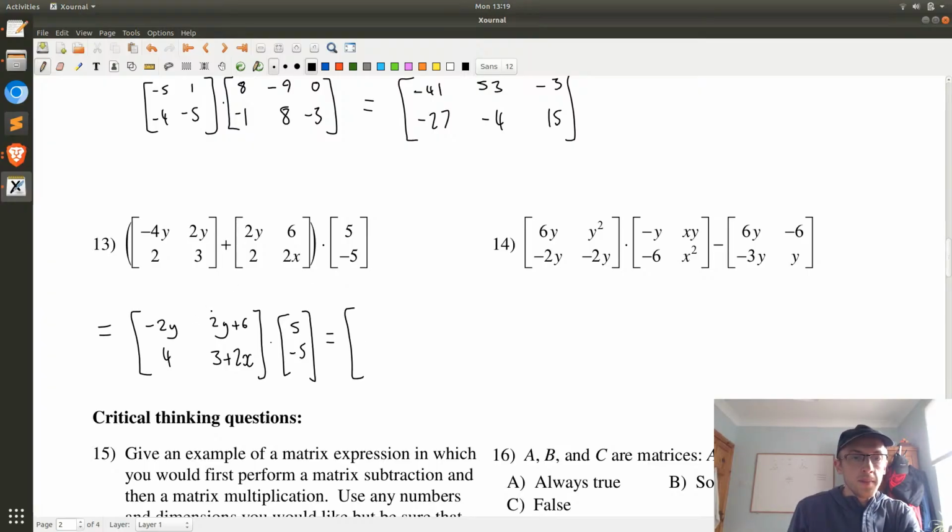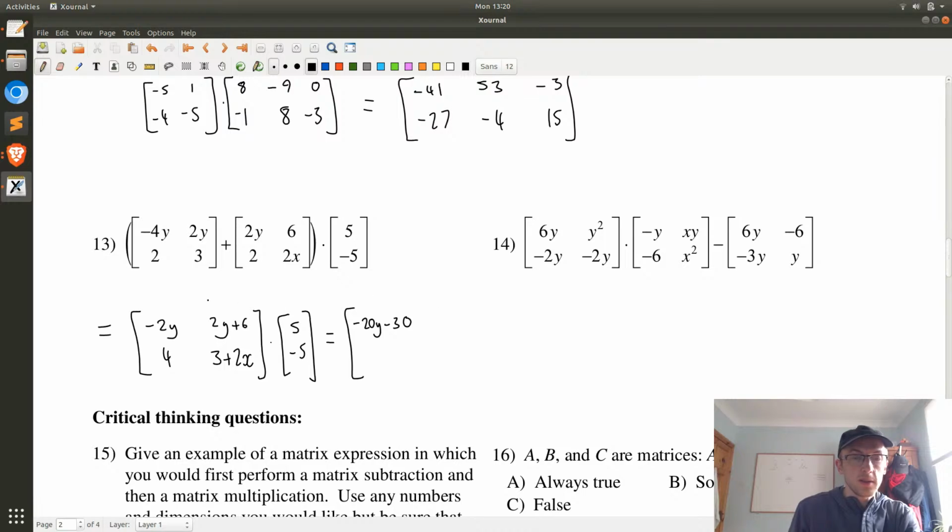And now, -10y. Take 10y, so -20y. Take 30. Then, -10y.